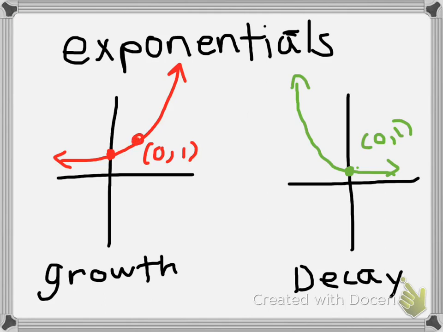There we go. So this point is, I'm going to mark it over here, (1, b), both for the exponential growth and decay. When x is 1, the y value of our graph is b, whatever the base happens to be.